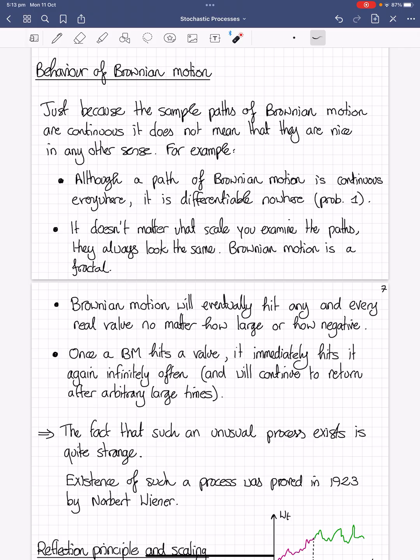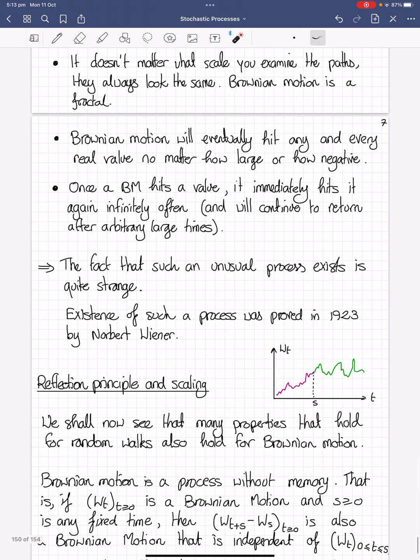As I said, the fact that such an unusual process exists is actually quite strange, and this was only proved in about 1923 by Norbert Wiener. There are many different proofs of the existence of such a process. Some are technically difficult from a mathematical perspective.